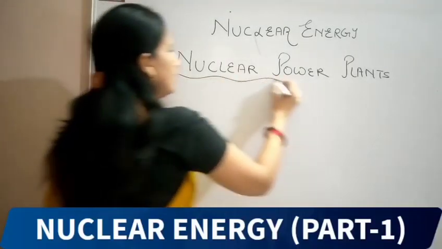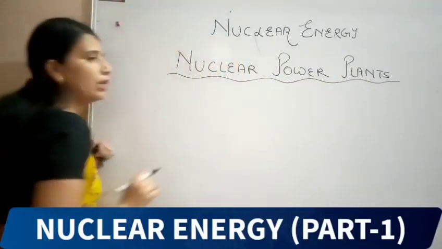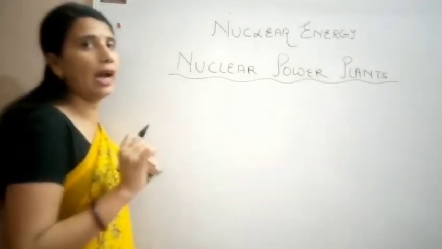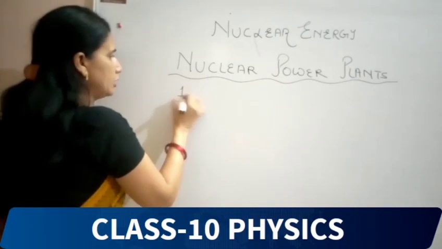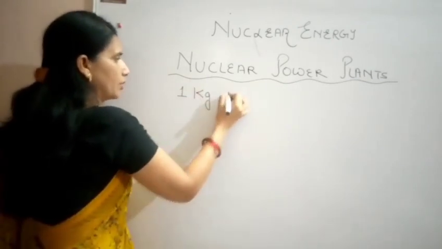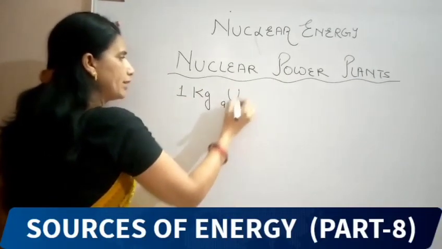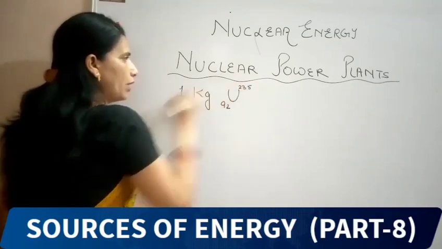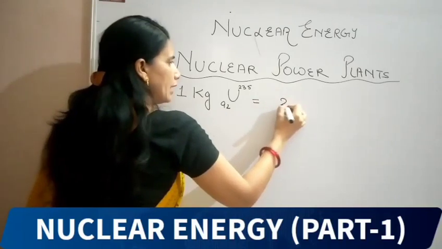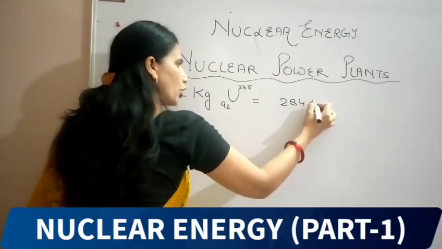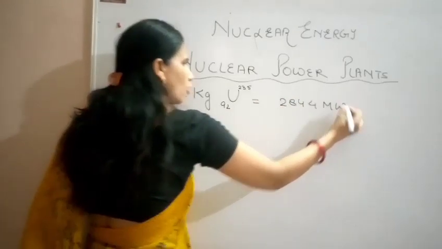See kids, the energy produced in a nuclear reaction is of a very high quantity. Okay? 1 kg of uranium. I am talking about only 1 kg. 1 kg of uranium will produce approximately 284.4 megawatts of energy.